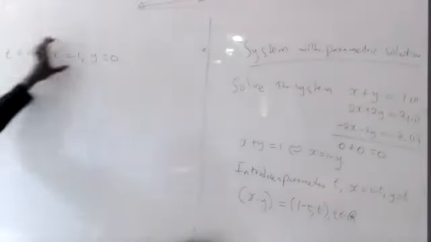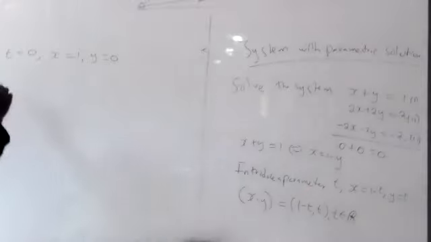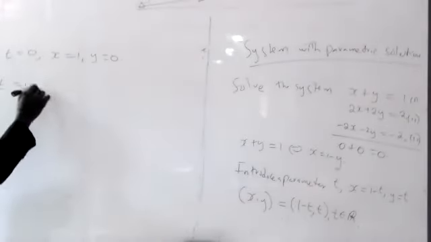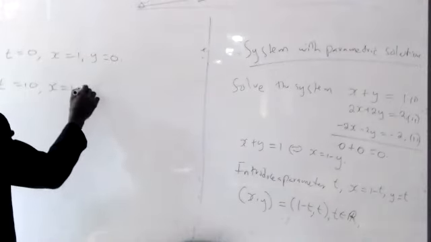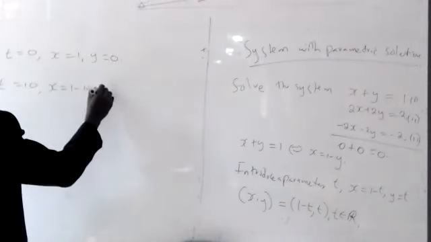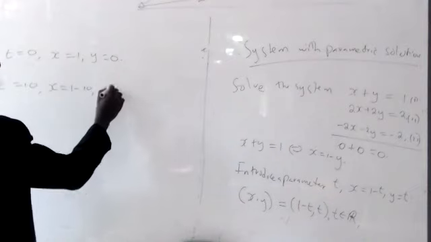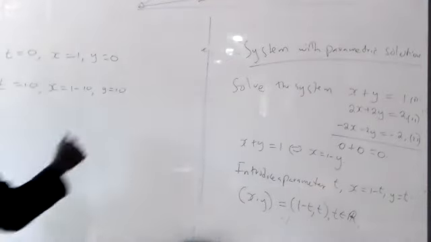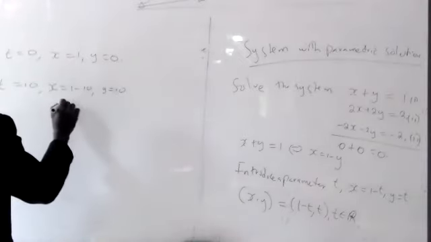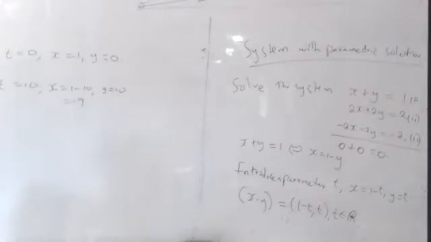So t is 0 satisfies this. If I put t is 10, then x will be 1 minus 10, y will be 10. So x is going to be -9. So we have -9 and 10.